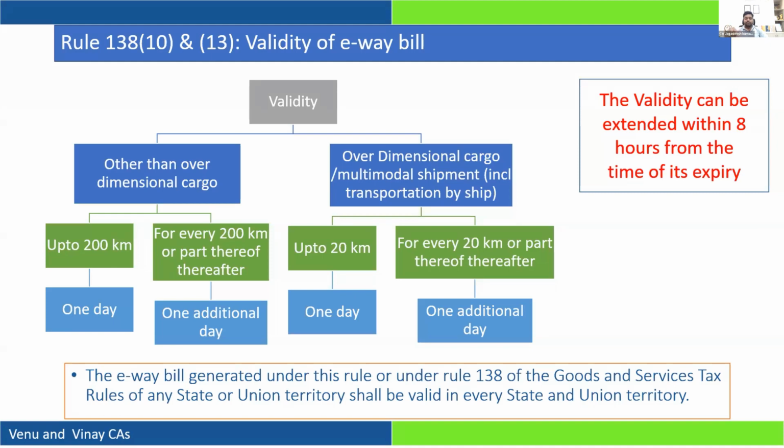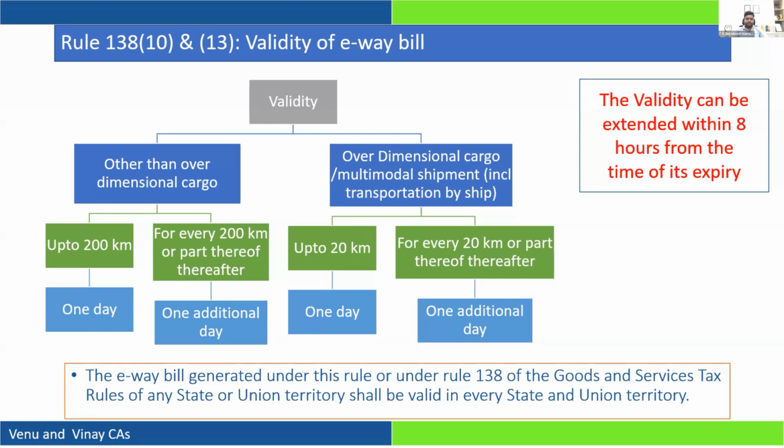Here we have a buffer of an increase or decrease of 10% of the auto-populated figure. Let's take my earlier case, where the distance is 190 kilometers. Here I have an option to increase it by 10%, that is plus 19, so the distance will be 209 kilometers, and I will get an additional day of validity. So it's better to have an additional buffer.